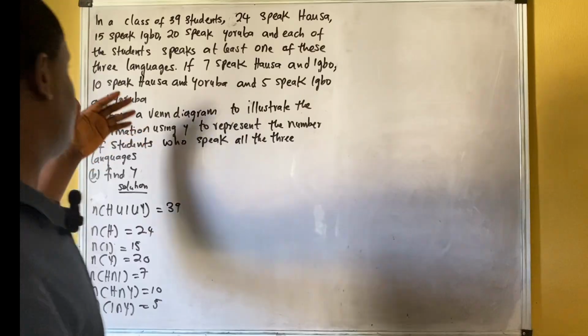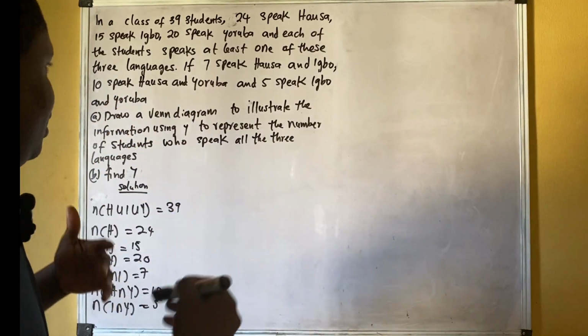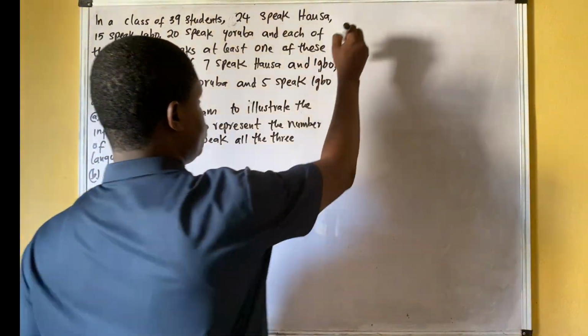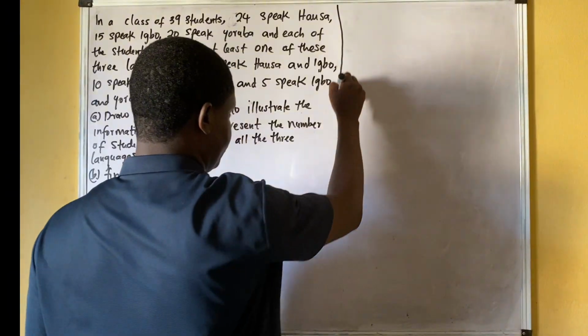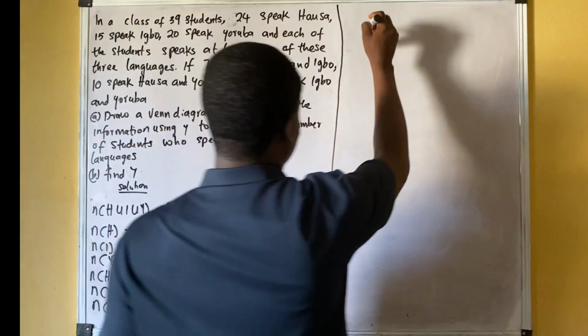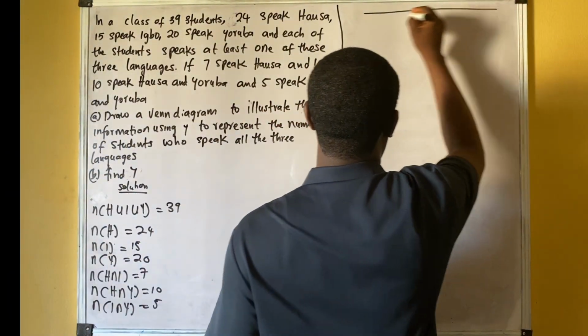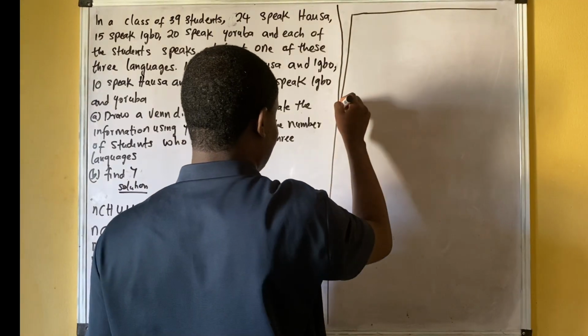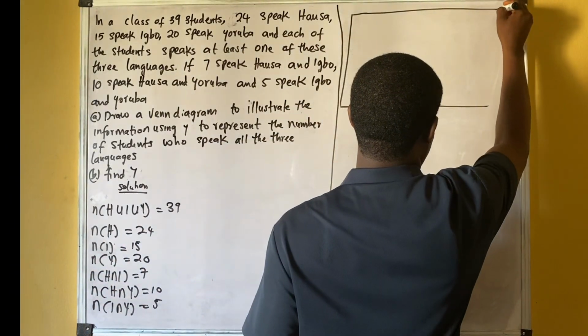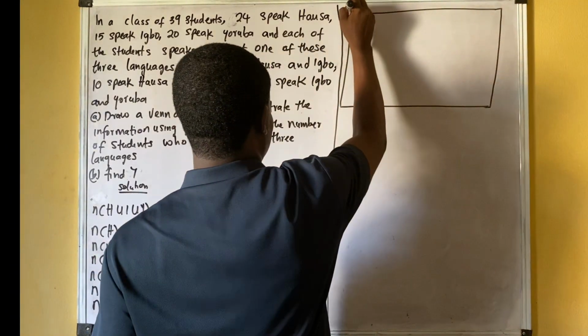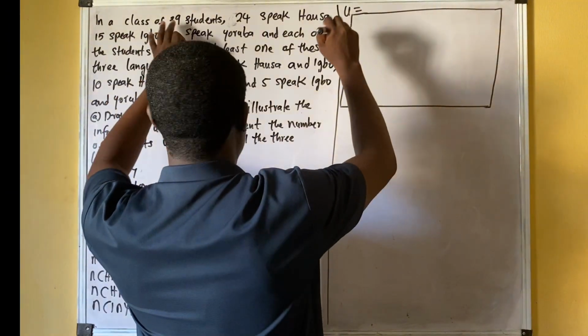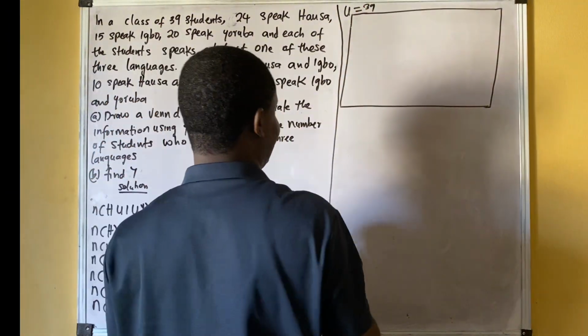So the next thing for us to do now is to draw our Venn diagram, okay? So let's draw our Venn diagram. Do not forget that we'll use a rectangular box to represent the universal set. So our universal set is equal to the total number of students in the class, which is 39, right?